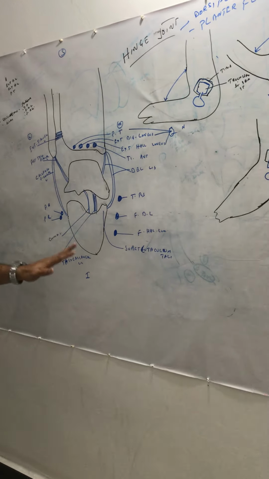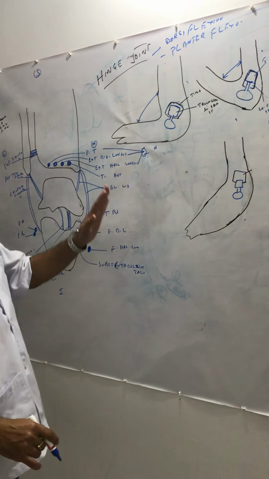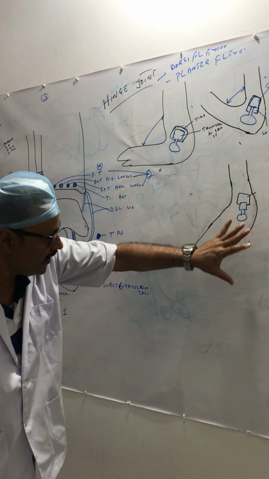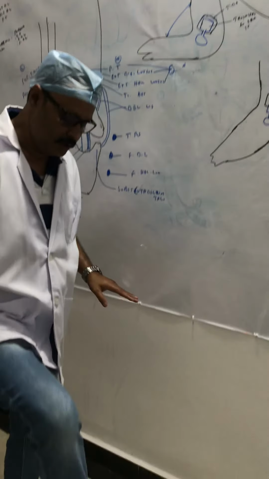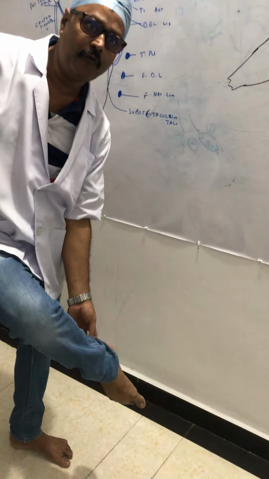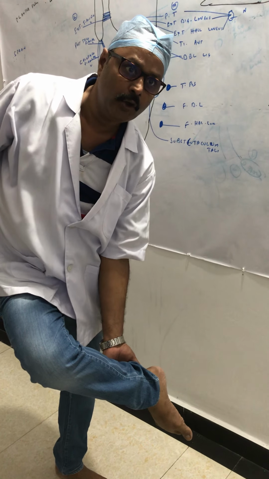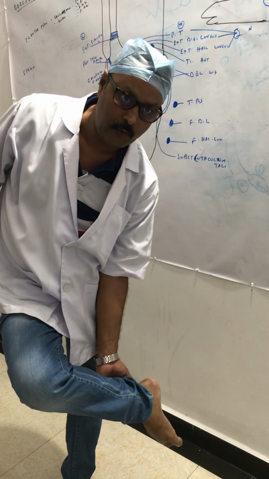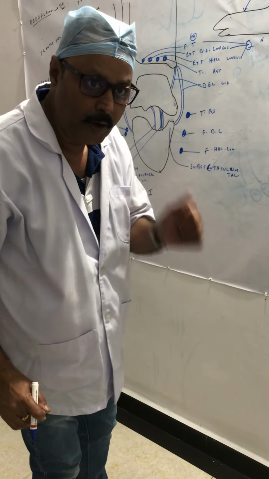The gastrocnemius and soleus are the main muscles responsible for plantar flexion. If you do this movement, plantar flexion, and feel the lower end of your leg, you will find the tightness of the tendo Achilles tendon.